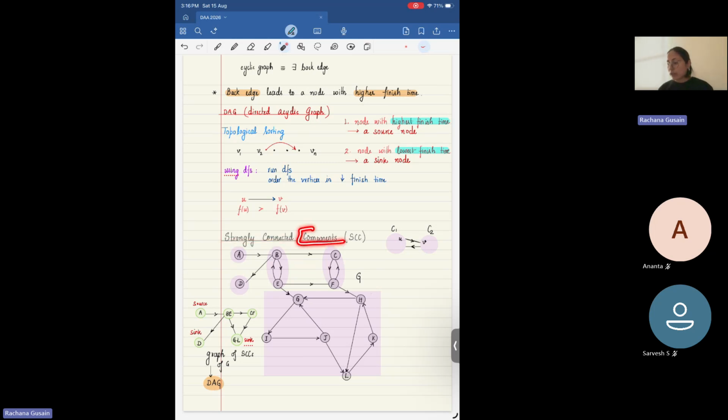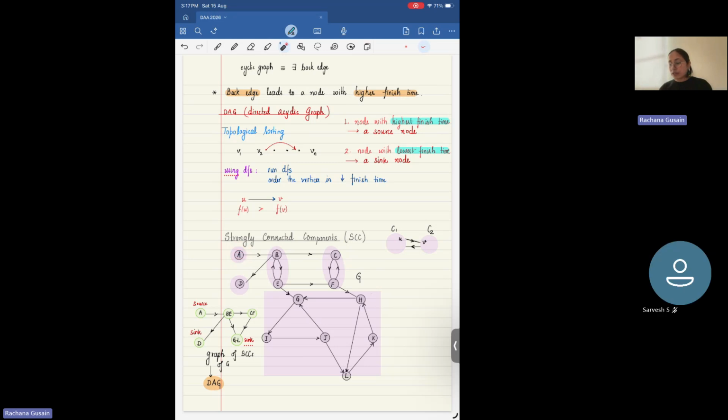By component, I mean it must be strongly connected and maximally strongly connected, meaning that I cannot add one more vertex to this subgraph and retain the property of strong connectedness. That is what we mean by a strongly connected component.